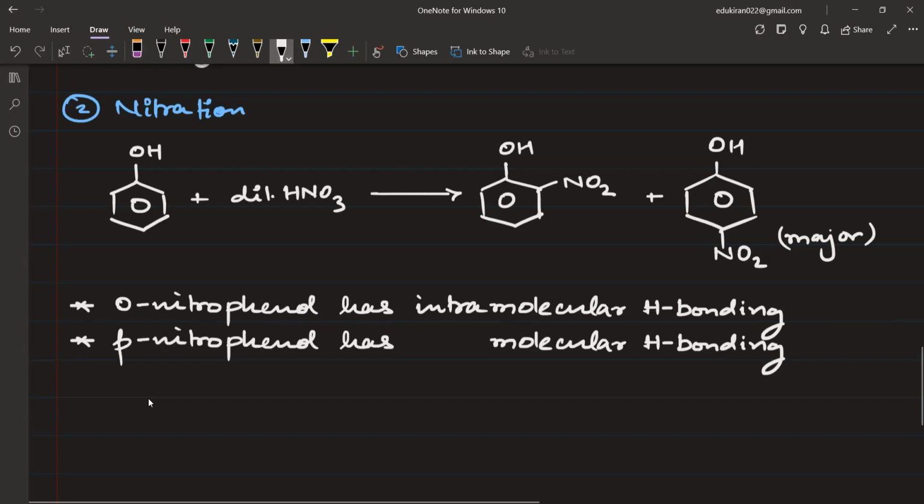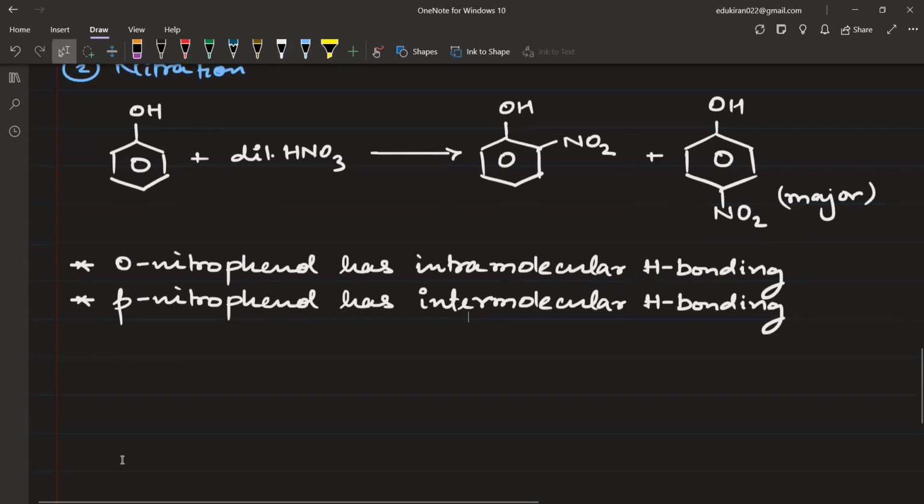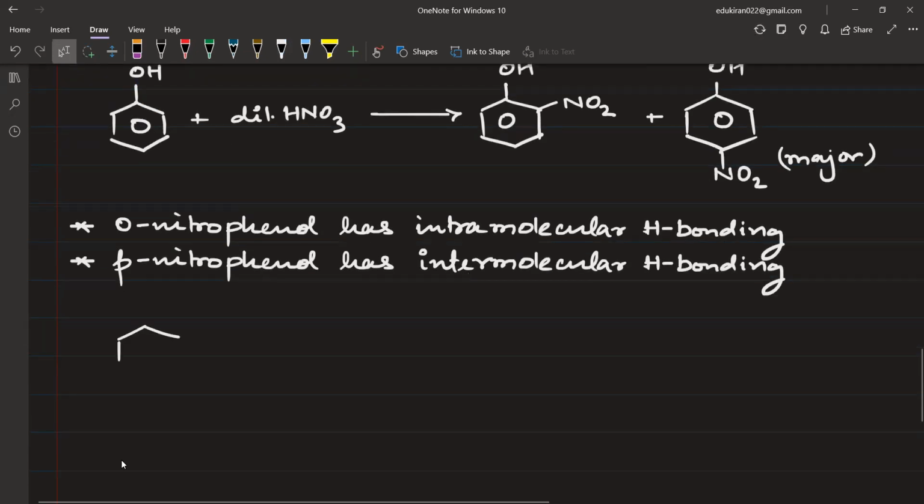Intermolecular hydrogen bonding. Okay, so I will show you also. So this is the hydrogen bond here.